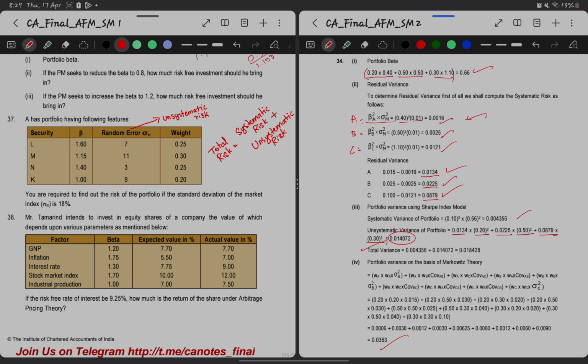But Markowitz theory goes with the covariance matrix, wherein it will not consider the systematic and unsystematic portions. So why is this relevant? Because in the previous formulas which we have seen in many practical questions, we use the a plus b whole square approach or the a plus b plus c whole square approach for stocks, wherein we have more than two stocks.